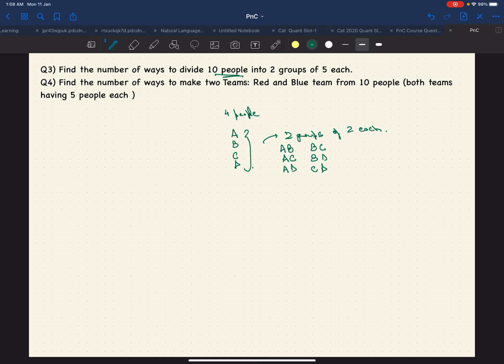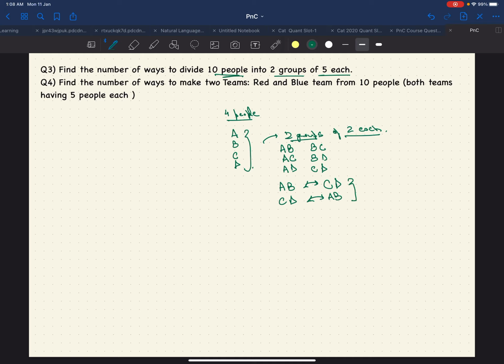Now the problem here is that we are dividing these 10 people into two groups of 5 each, and here we are dividing 4 people into two groups of 2 each. So the problem is that when we selected AB, the other group is automatically CD, and when we are selecting CD, the other group is automatically AB. So in a way, these two cases are similar to each other.